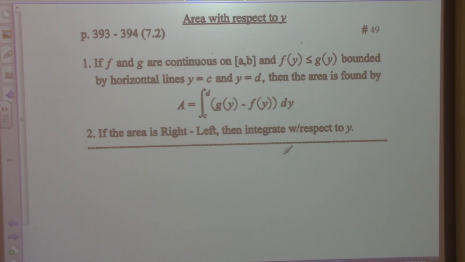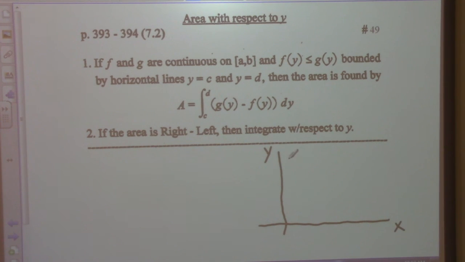Now, this is one thing that at first glance kind of blows my mind a little bit. Instead of y in terms of x, you have x in terms of y.